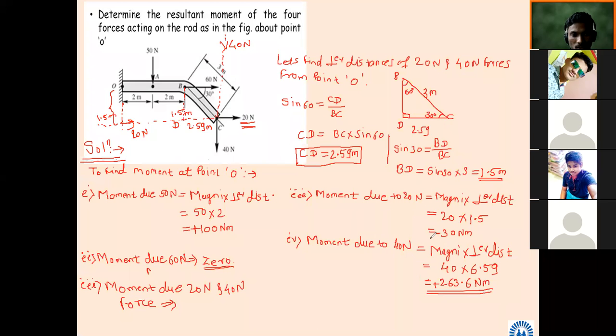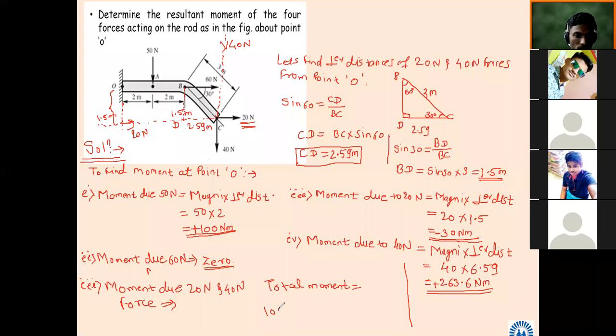This is one moment. Again, this is another moment. Here one is 0 and another one is 100. So the final step now, total moment. Calculate the total moment. Shall we go for addition?